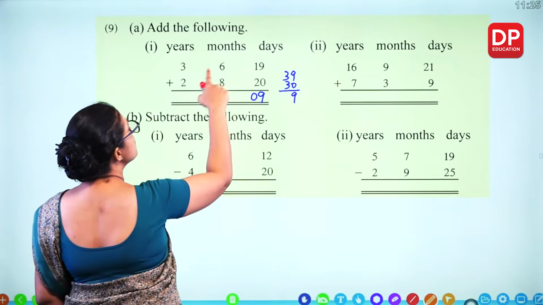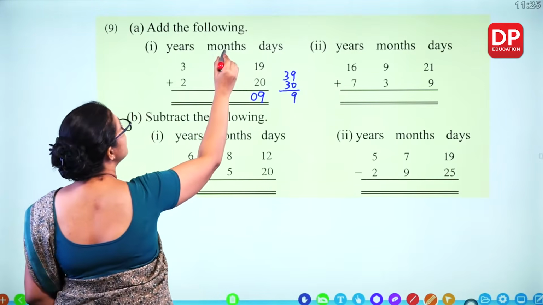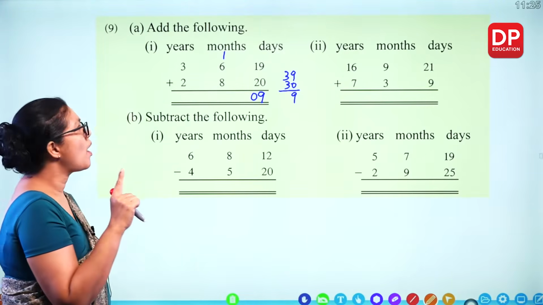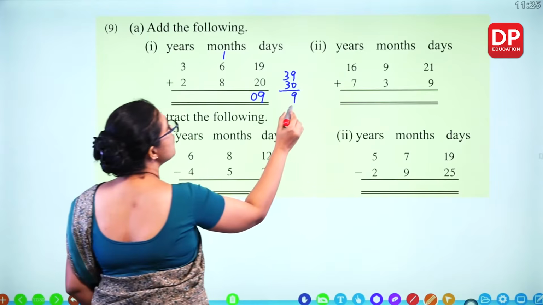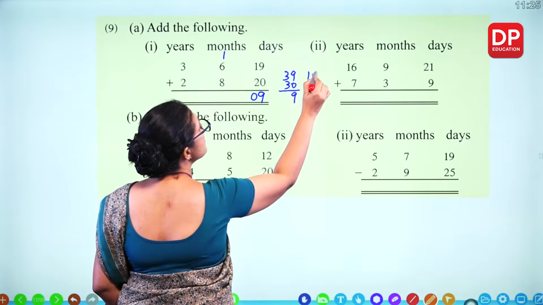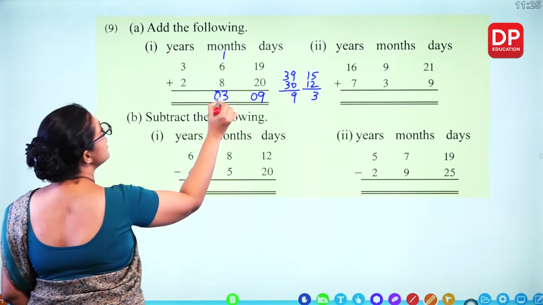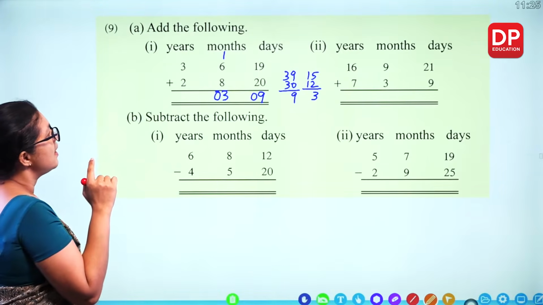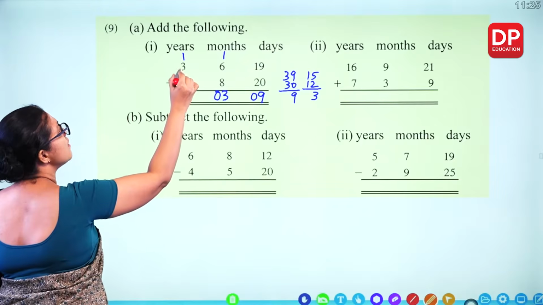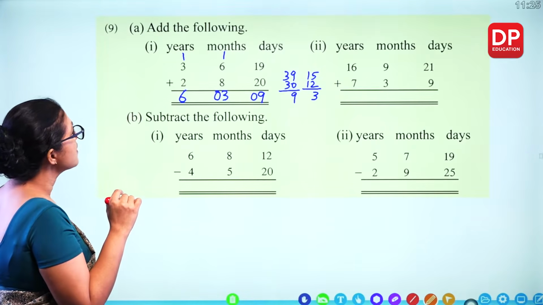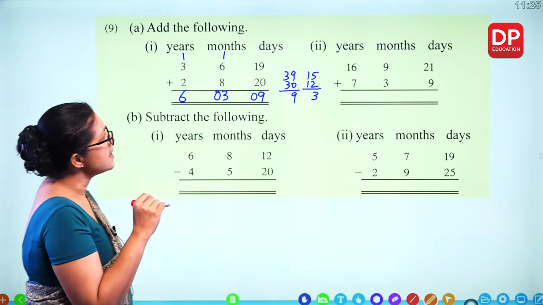Then this one, you get 1 here. 8 plus 6, 14. 14 plus 1, 15. 15 you can't keep. Subtract 12. So you get 3 months. And here, take 1 here. 4 plus 2, 6. 6 years, 3 months and 9 days.